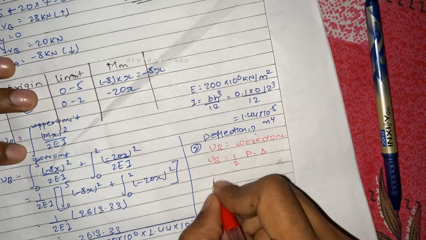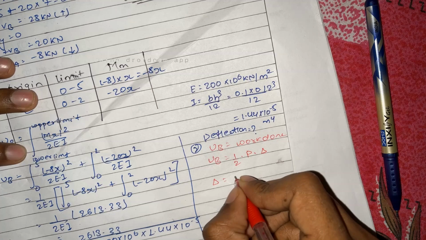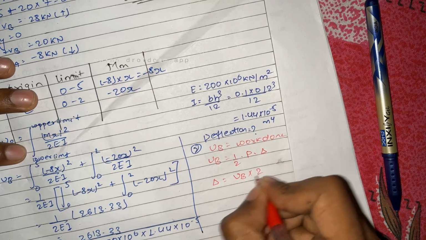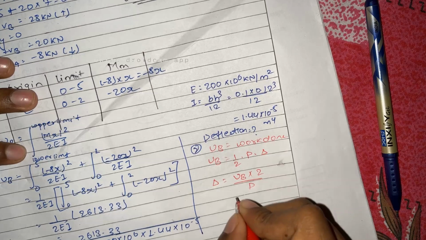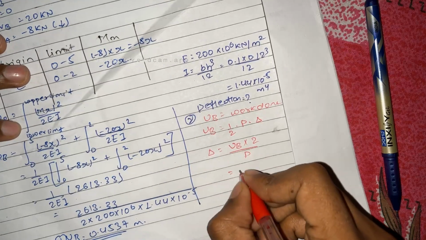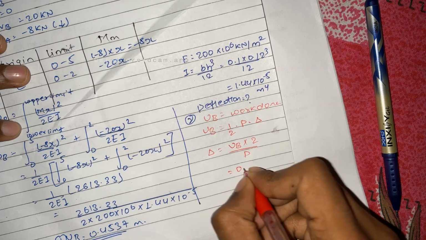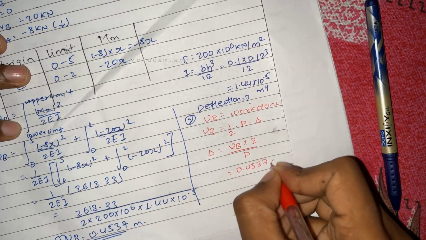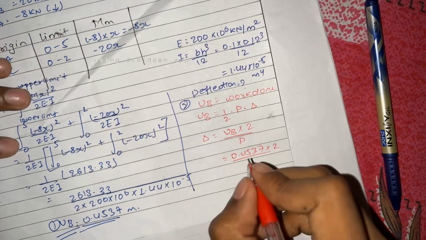If we need to find deflection, we can just take it as the stress due to bending 0.4537 into 2 by the applied load, 20 kilonewton.